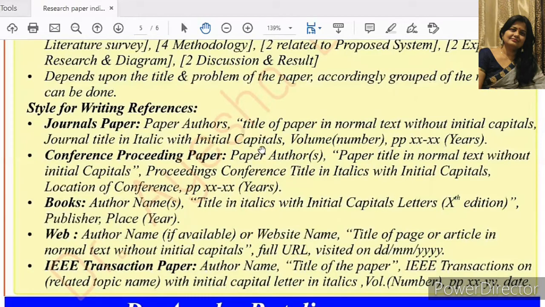In a conference paper, generally it is the same. The only thing is, again, the paper authors, the title in quotes, and the proceeding conference title in italics. Generally you can write like this, but if you consider the IEEE format, you have to write "in proceeding of" and then the title of the conference. "Proceeding" can be fully written, or it can be "Proc. of". This "in proceeding of" or "in Proc. of" should not be in italics, and the rest, the conference title, should be in italics.